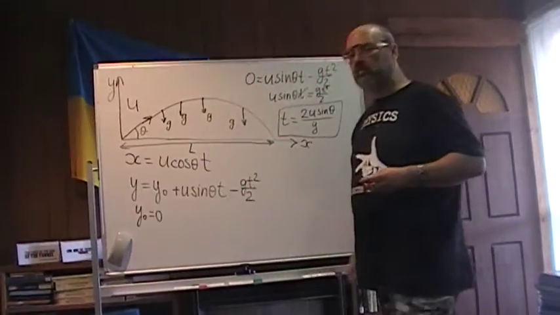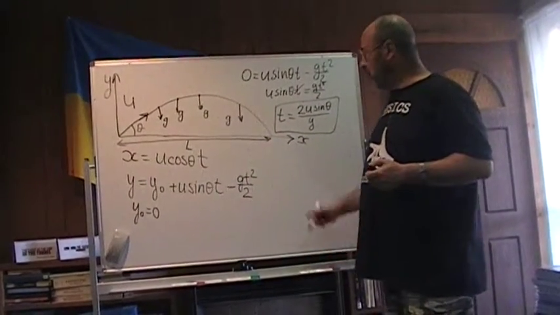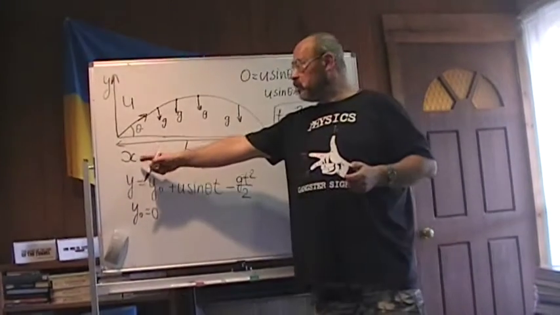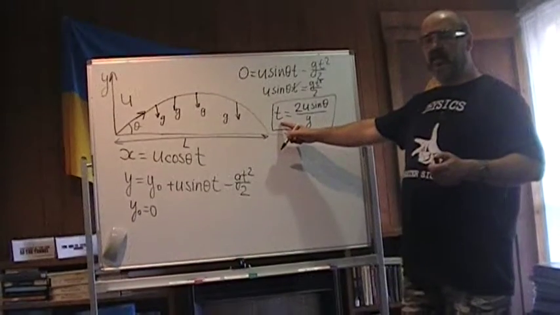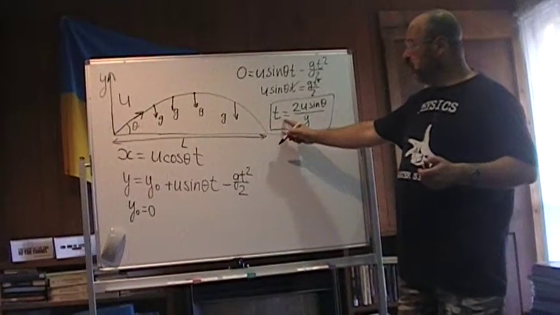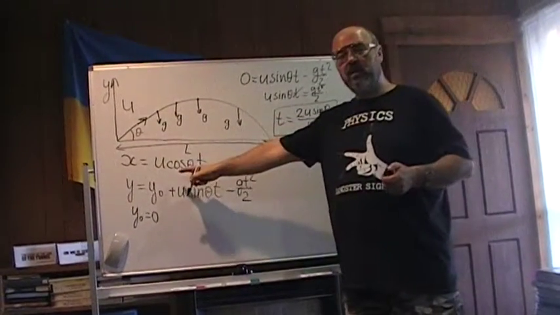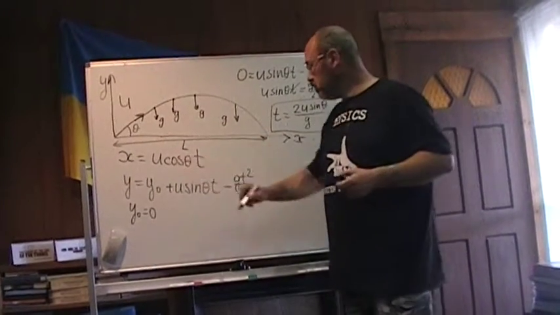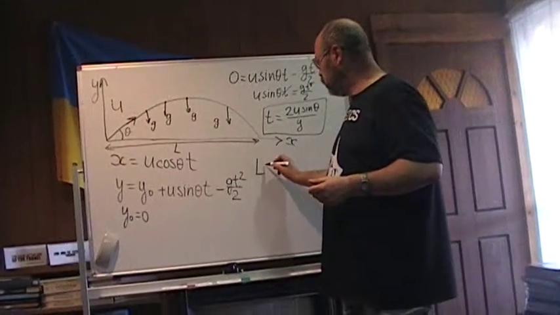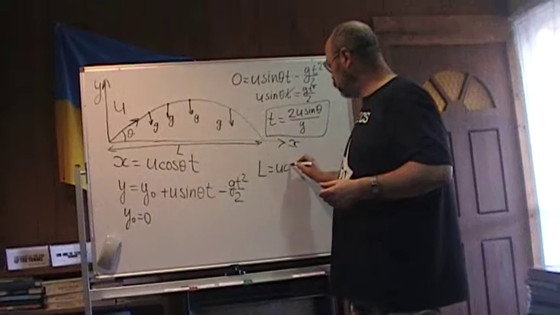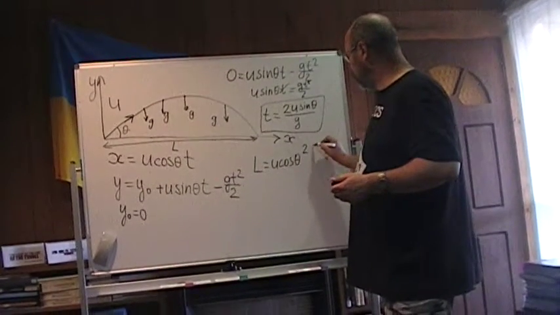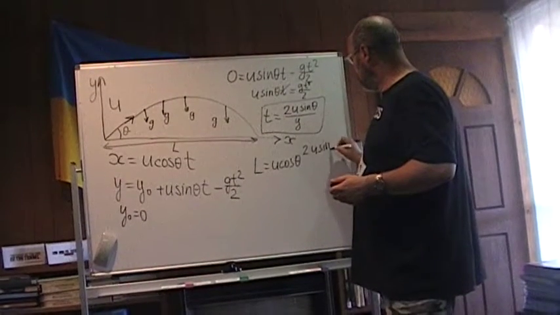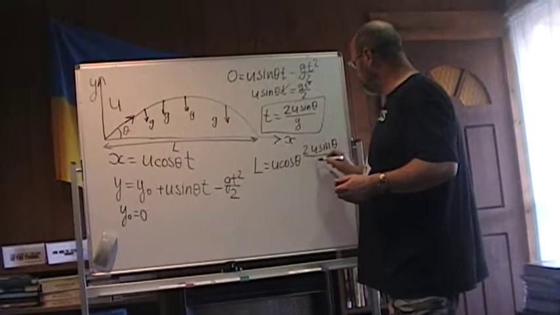Now let's find the range, how far it will go. Let's denote it with L. That will be the horizontal position at this time. So we substitute this time into the equation for the horizontal position. We get the range equal to u cos theta times 2u sine theta over g.